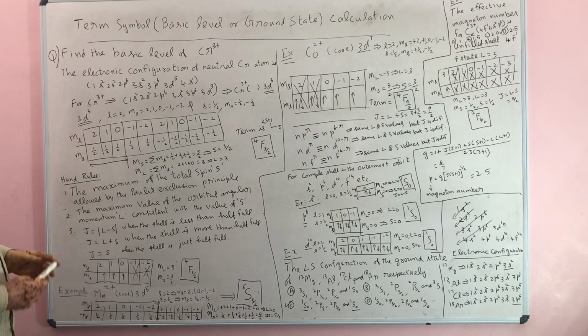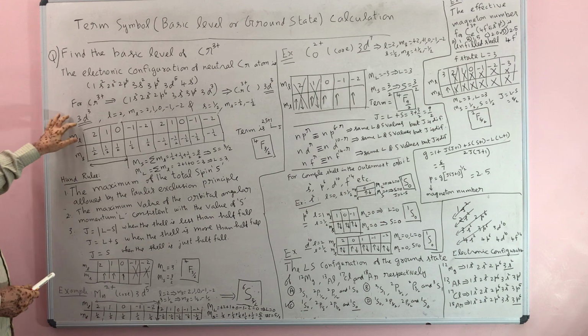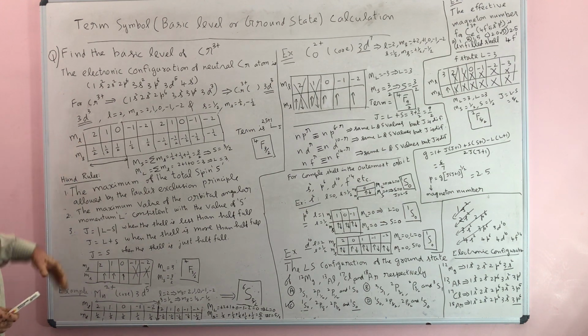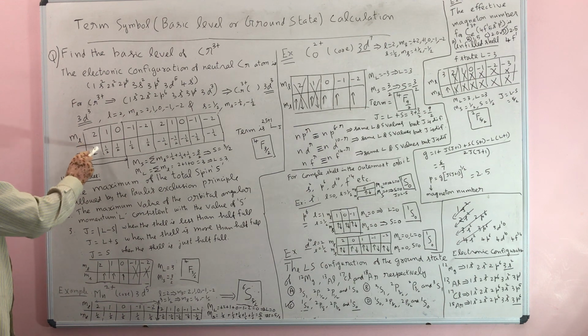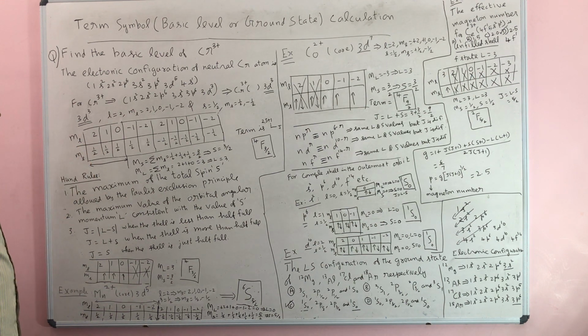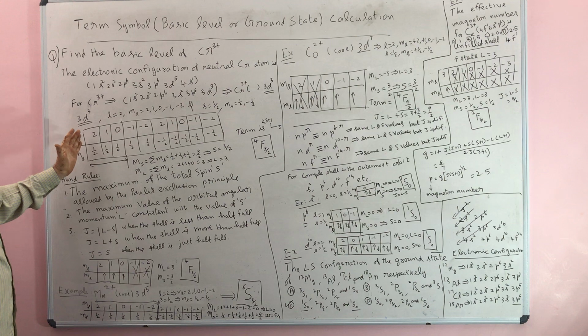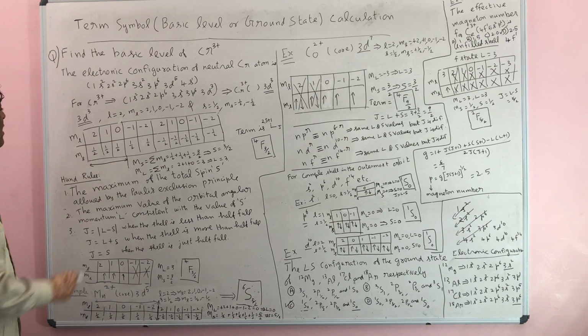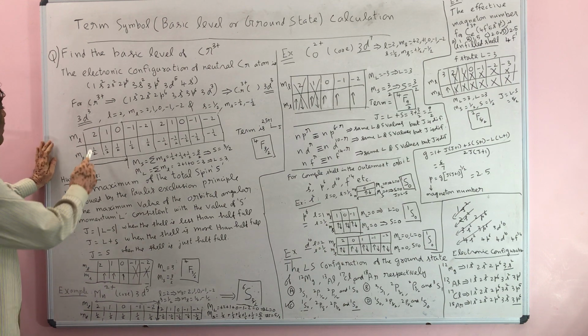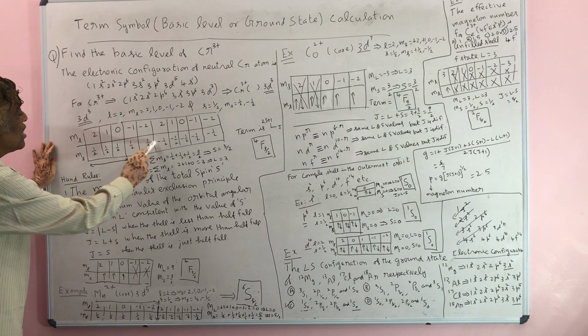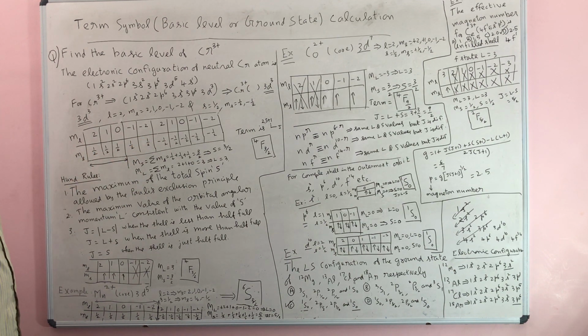According to Pauli's exclusion principle, no 2 electrons can have all 4 quantum numbers the same. So ml and ms must be different. So if one electron takes 2 plus half, another electron can take any other state except 2 plus half. Even if the other electron takes ml equal to 2, its spin value will be only minus half, in order to satisfy Pauli's exclusion principle.